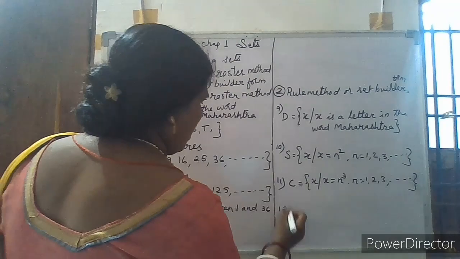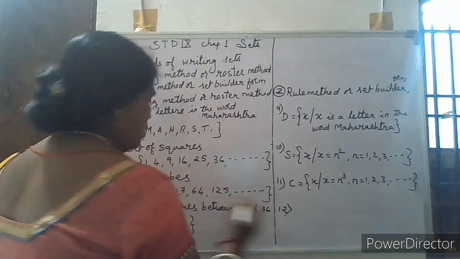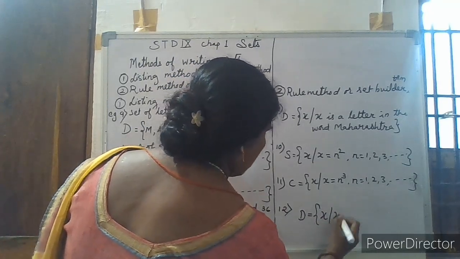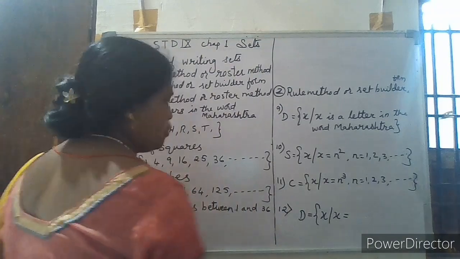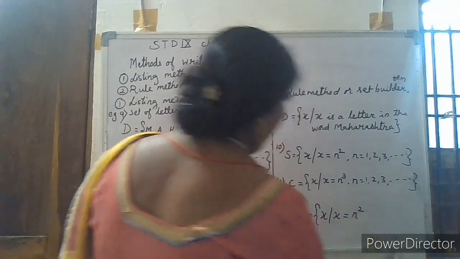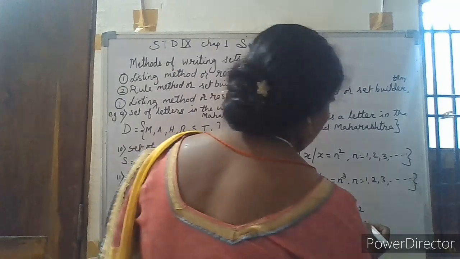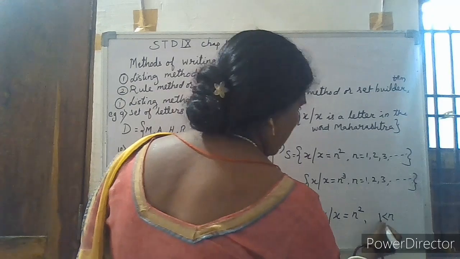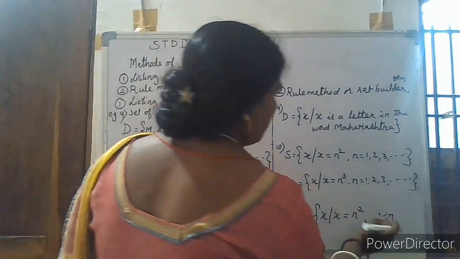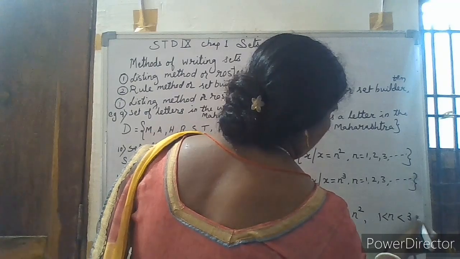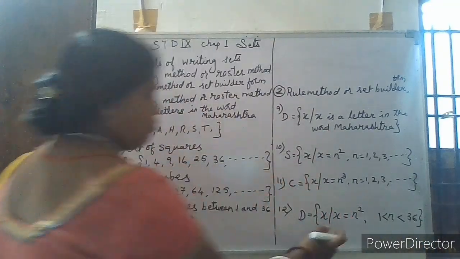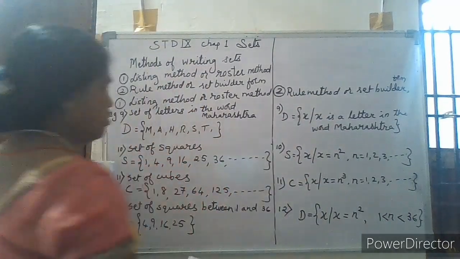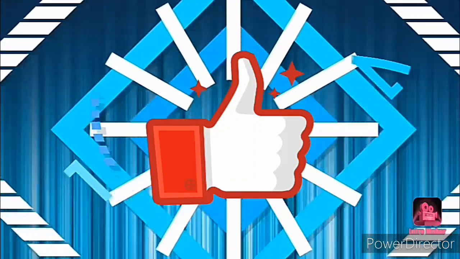The same thing when we write in the second method, here D is equal to x is an element such that x is equal to n square, because they are square numbers. But n is what? n is greater than 1 but less than 36. In this way, we show it in the rule or set builder form.